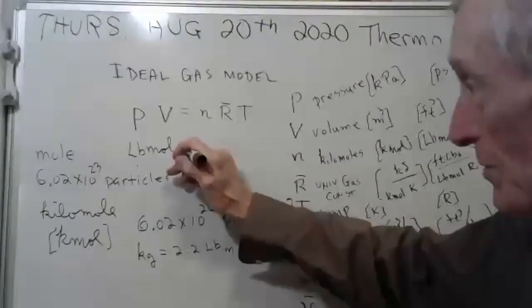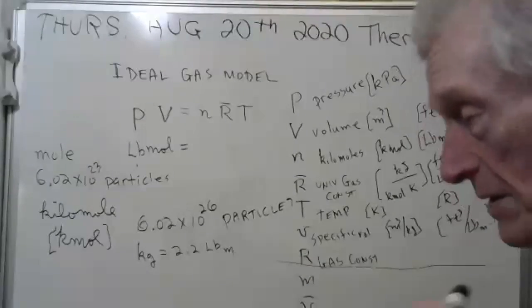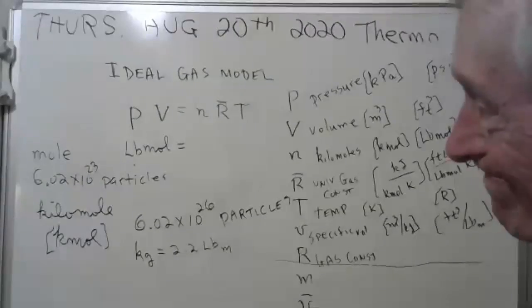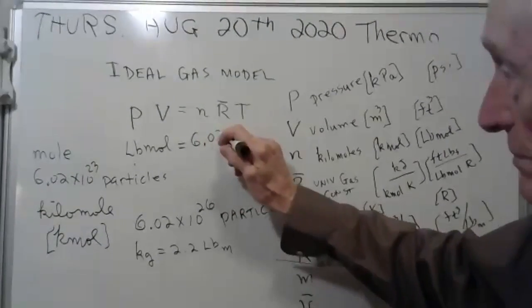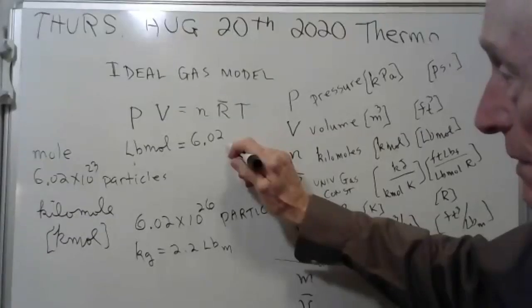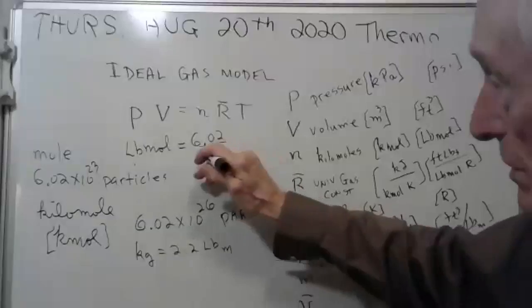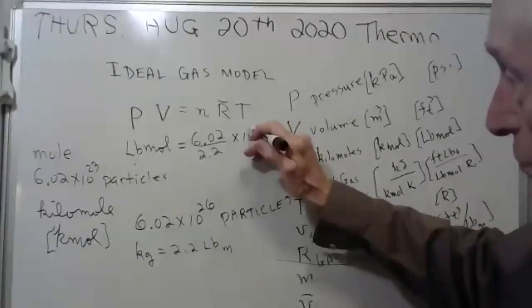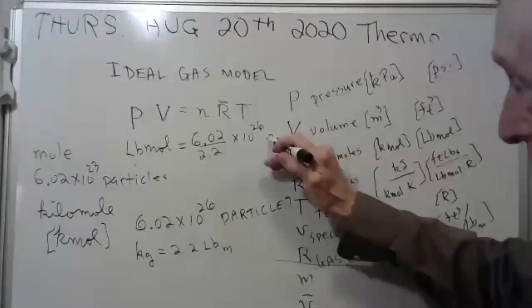A pound mole, let me make some room here. This stuff can be confusing. A pound mole should be, well, it'll be 6.02. No, we're going to kilogram moles, aren't we? So, yeah, 6.02 divided by 2.2 times 10 to the 26 atoms or molecules or whatever. Make it atoms.